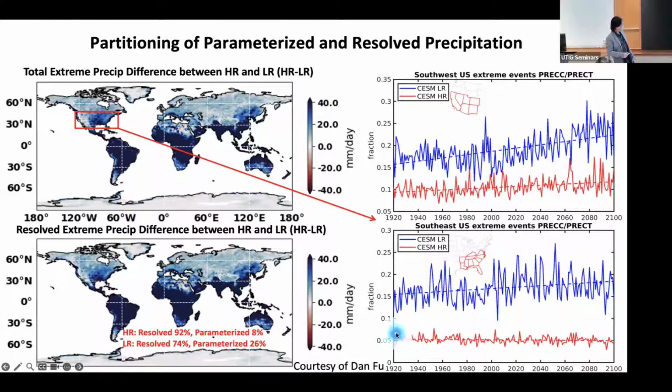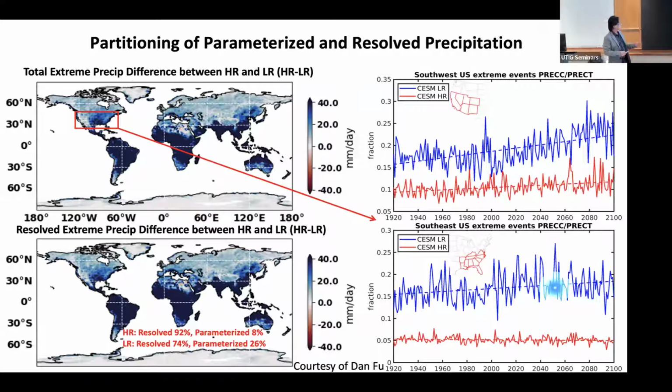Particularly in the southeast, the ratio between the parameterized and large scale precipitation is about 5%, and it's constant. It doesn't change as the warming increases, but the low resolution model actually shows an increase, which means in the future, the dependence on the parameterized precipitation is even larger under warming conditions, right?